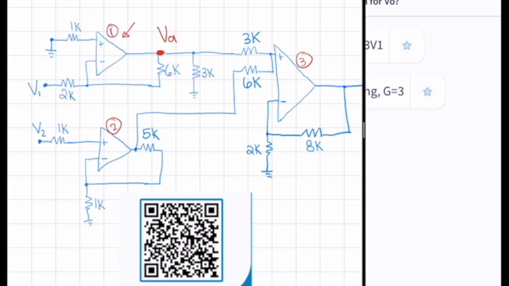So which one is inverting and which one is not? With that note, this would be the gain.